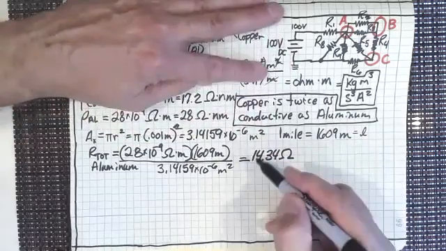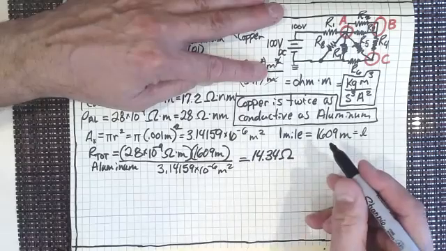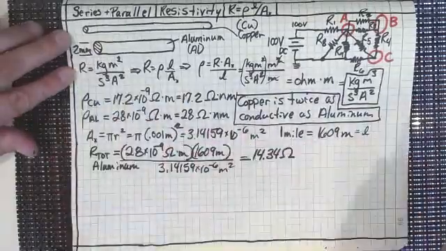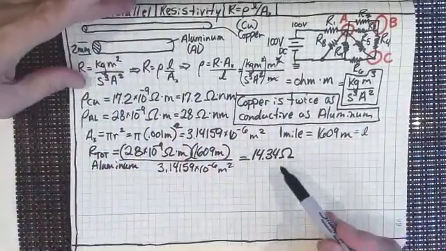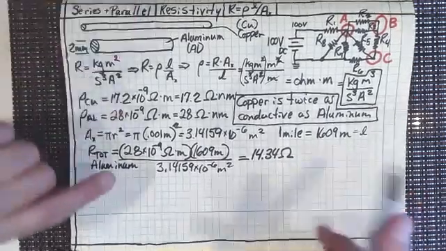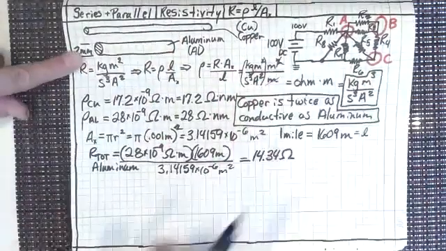I'm sure that's what everybody else got too, right? So this is for aluminum. That's going to be for an aluminum wire that's 2 millimeters in diameter, all the way down there. 14.34. Now, let's do the other one, the copper wire.